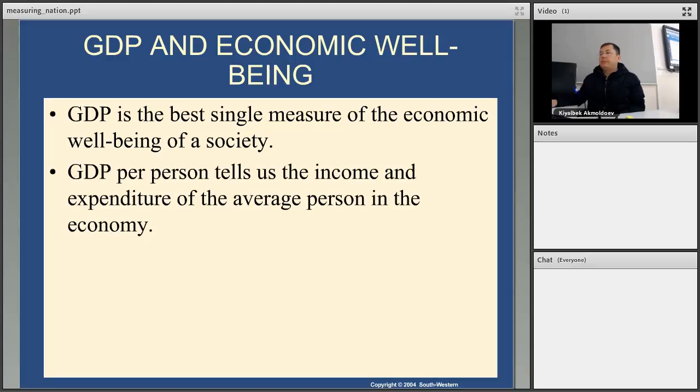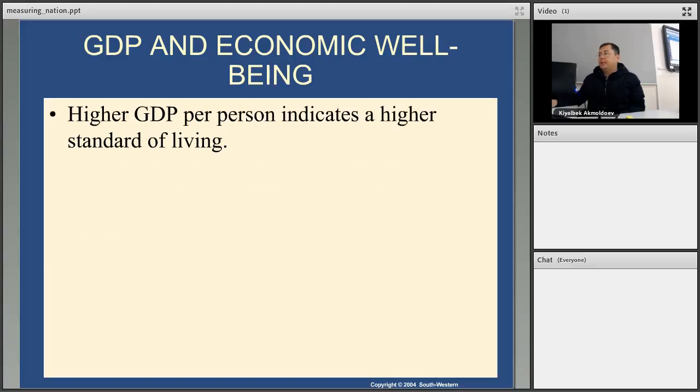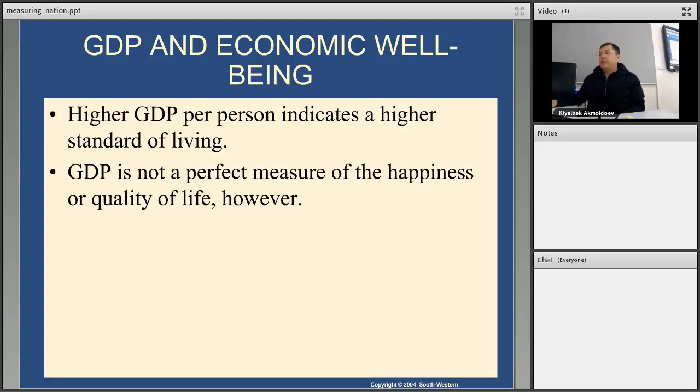GDP and economic well-being. GDP is the best single measure of economic well-being of society, and GDP per person tells us the income and expenditure of the average person in the economy. Higher GDP per person indicates a higher standard of living. GDP is not a perfect measure of happiness or quality of life. Why?